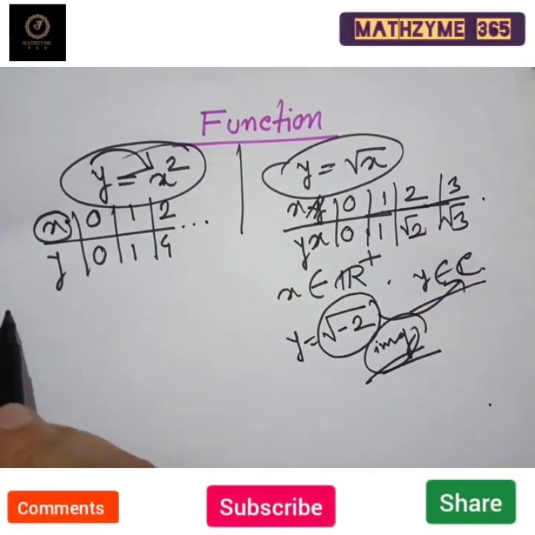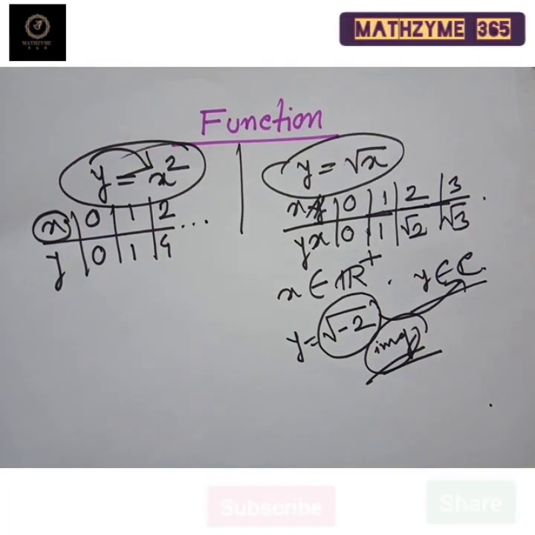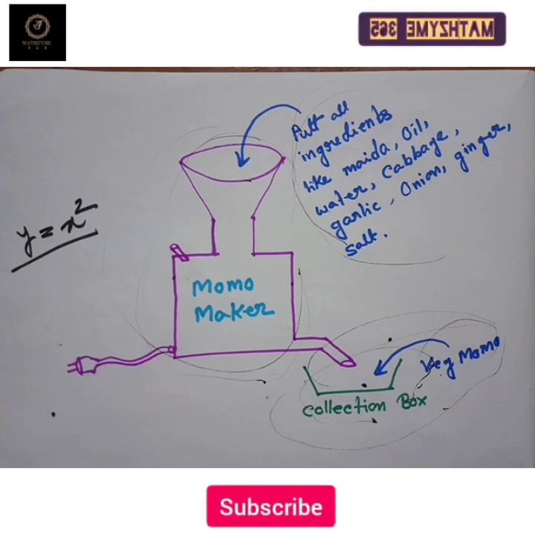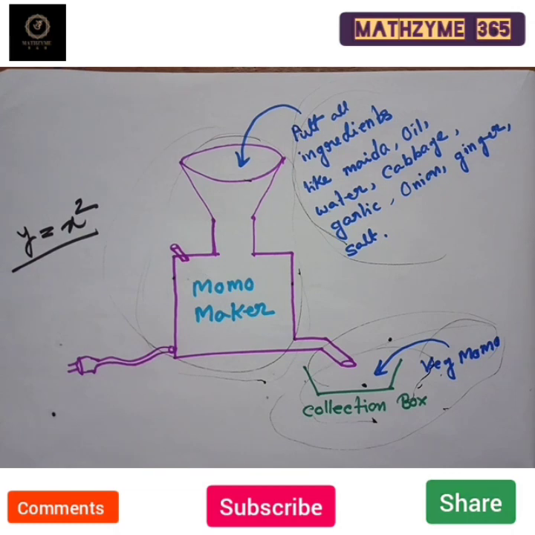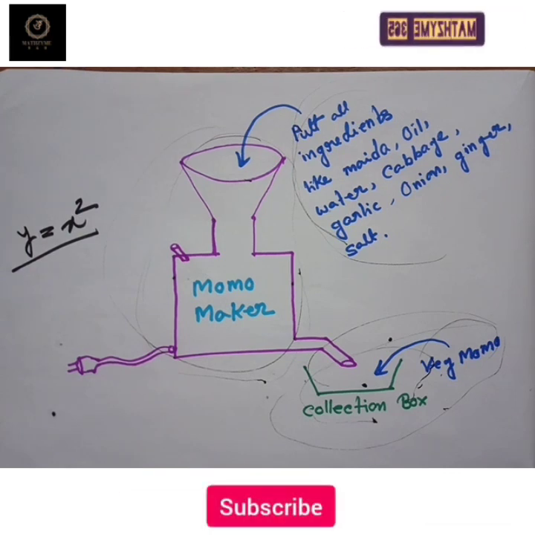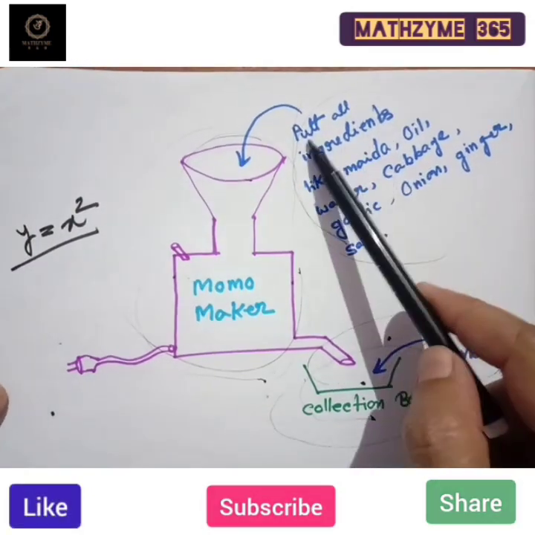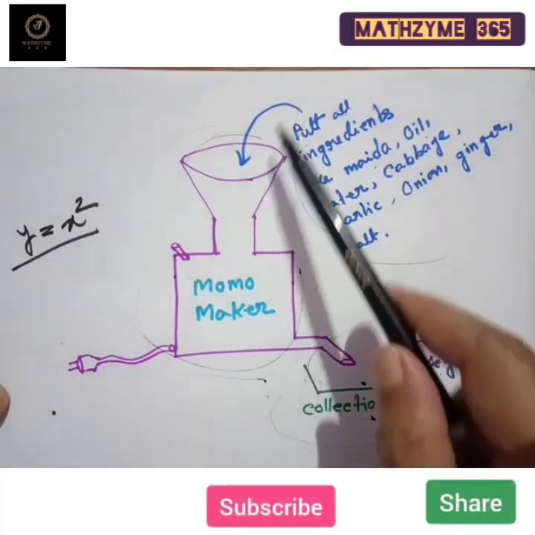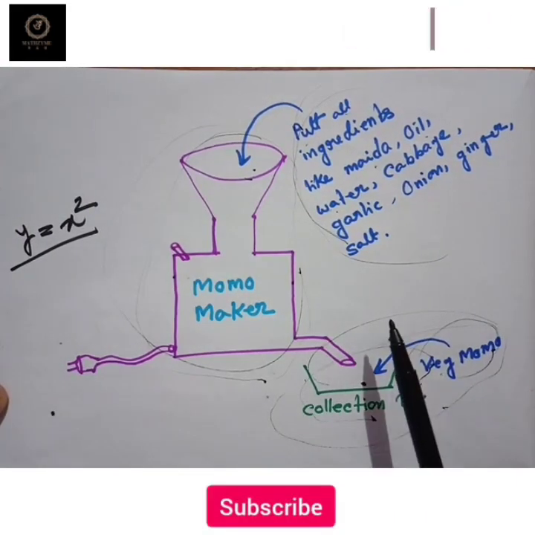Okay, now think about a story of a machine. Suppose this is a momo making machine or momo maker. Here we put all ingredients like maida, oil, water, cabbage, garlic, onion, etc. into this section, and after a few seconds we get delicious vegetable momos.